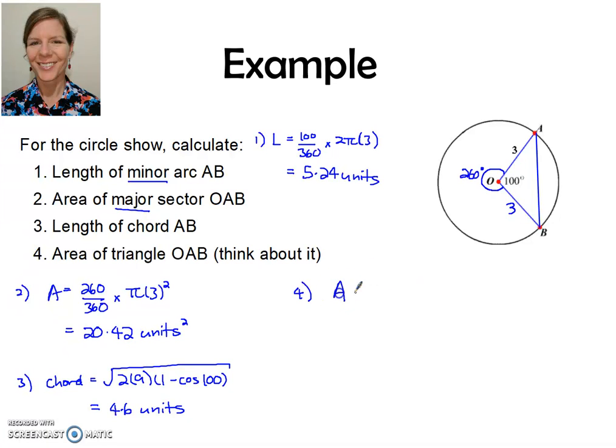I can use my sine rule for area of a triangle, which is half ab sine C. So half times 3 squared times sine of 100. And that will give me 4.43 units squared. So all these things we can find out with just knowing the radius and the subtended angle.